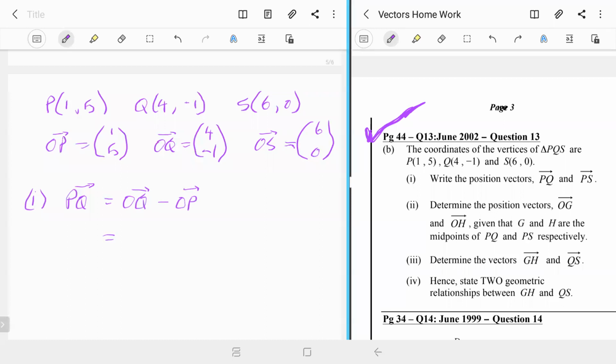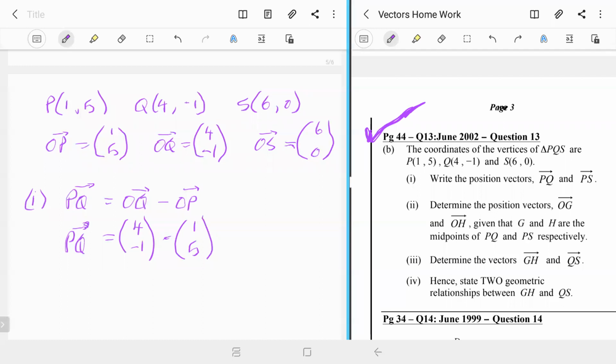What is OQ? OQ is 4, -1. Minus OP, which is 1, 5. This is the vector PQ. Notice I'm putting my arrow on top of all of them, because I'm doing vectors. The arrow must go on top of all of them.